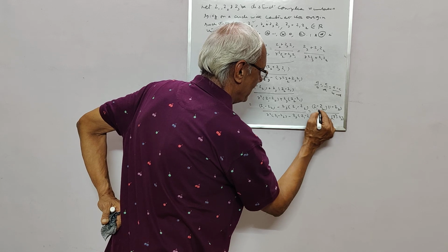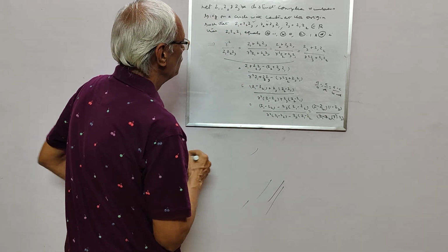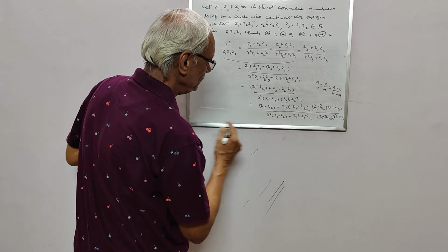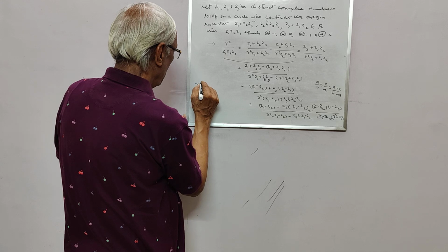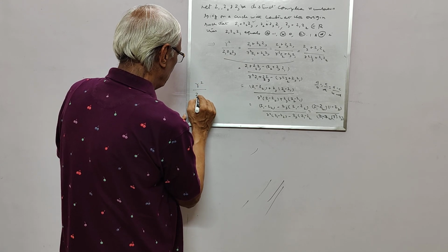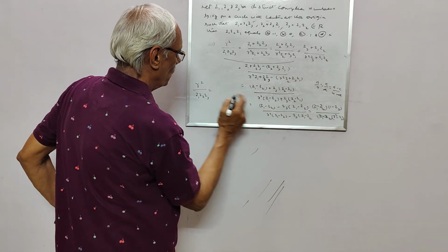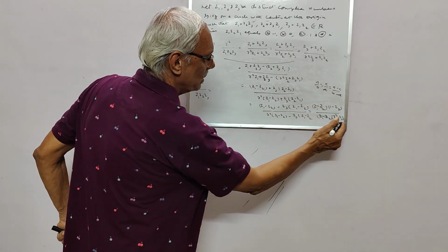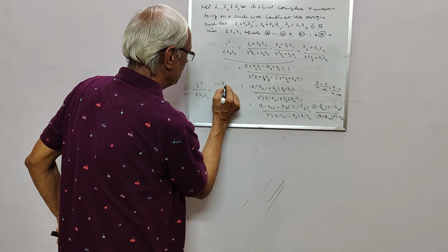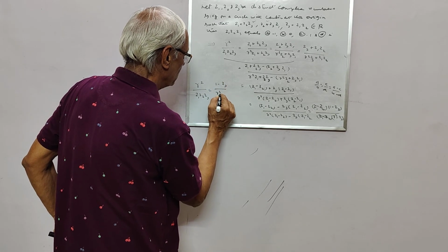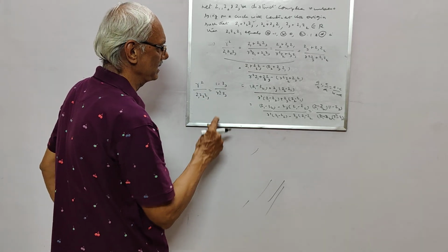So these two will get cancelled, and your result will be R squared divided by Z1, Z2, Z3 is equal to 1 minus Z3 divided by R squared minus Z3. So this is the result you will get.